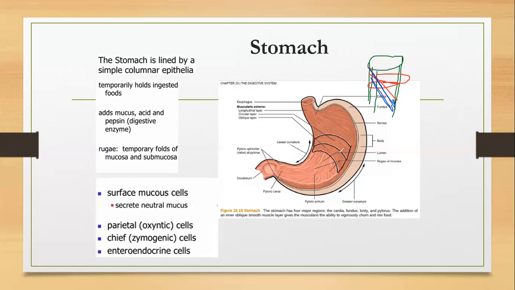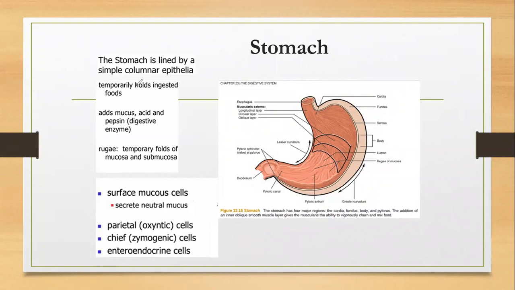But then we have the oblique, which will move the food upwards and backwards, so that instead of going simply by peristalsis, you have the oblique, which can also cause waves within the stomach. So you find the stomach has a modification that will allow more mixing rather than just simple peristaltic movements. So that is one modification.